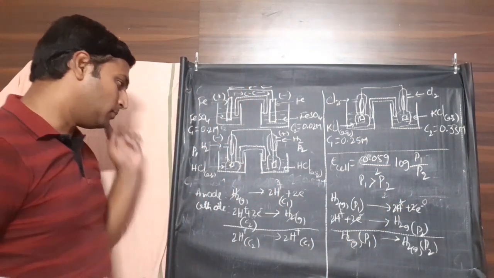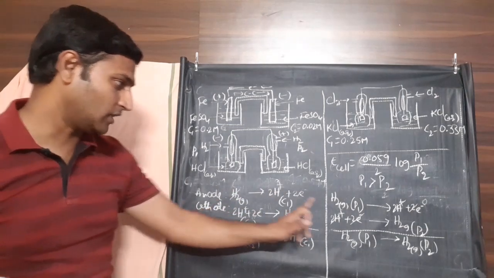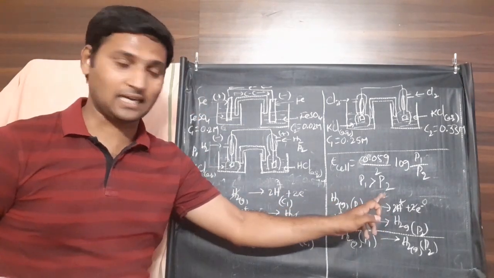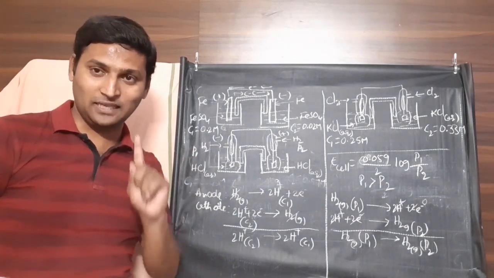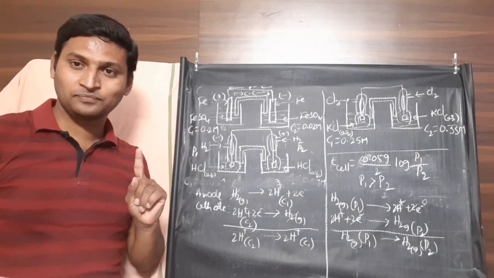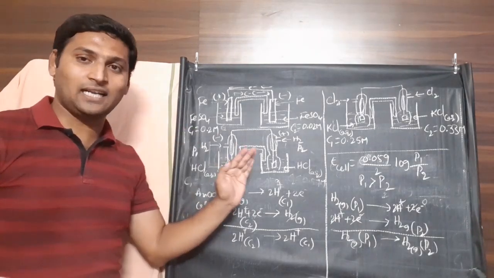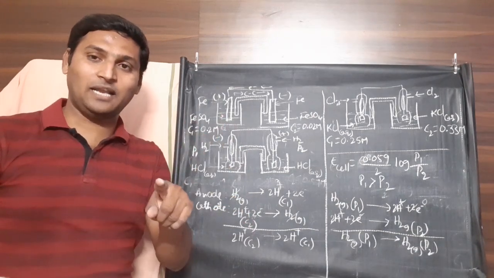Now which one we assumed as P1? The one where oxidation is occurring. Observe here. The one where oxidation is occurring is which one? Anode. So please understand, in case of hydrogen electrode, if it is concentrations, no problem. Concentration of cations is larger, that will be cathode.